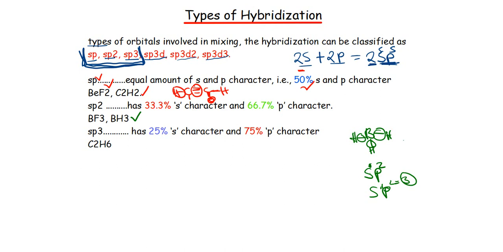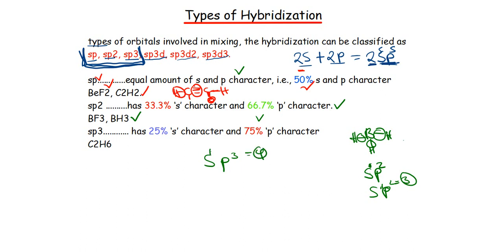So the last one now, we have sp3. By the way, I've explained the characters that you get. The more s, the stronger the bond, so the strongest bond is sp, followed by sp2, and lastly we have sp3. This means we have 1 there, so 3 plus 1, that would be 4.